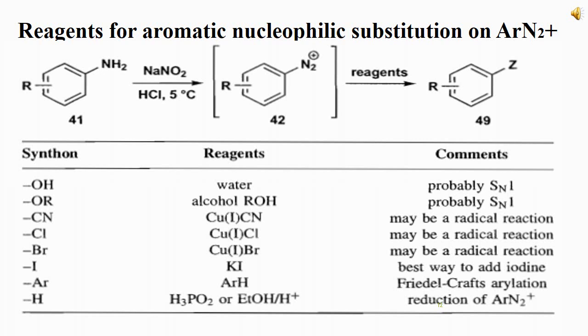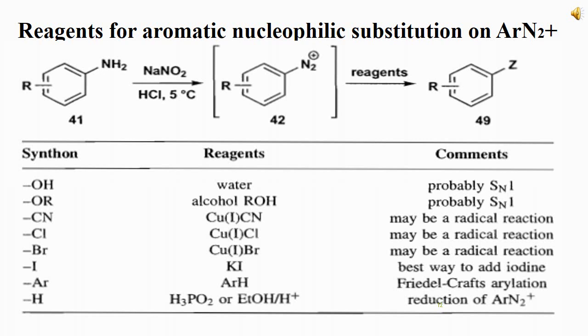Now if you want to show the disconnection of 49, for example, the synthons which can be formed are OH, OR, cyano, chloro, bromo, iodo, aromatic H, and simple H, which can be substituted in the place of Z in 49.